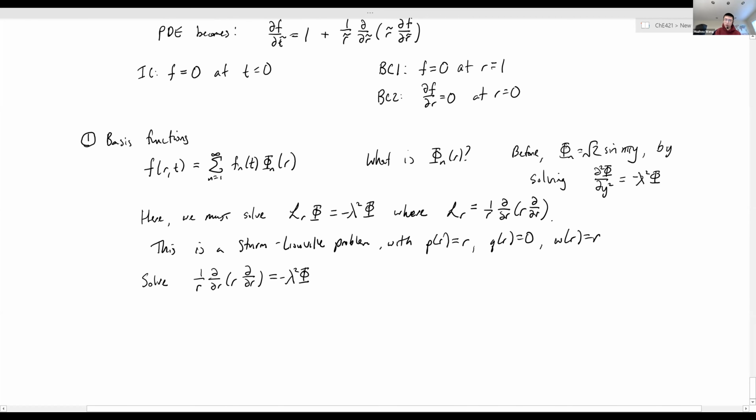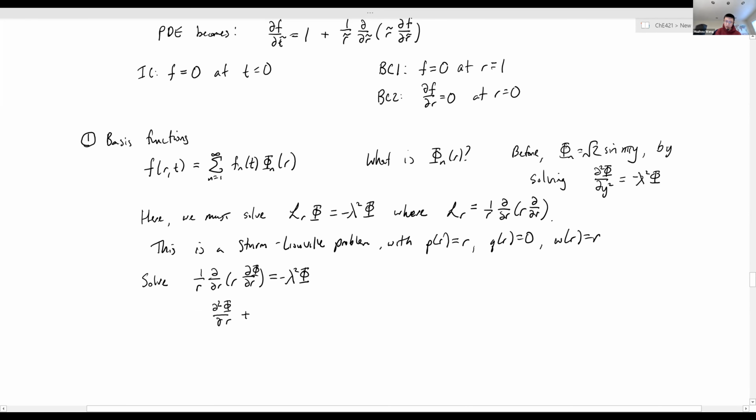And I can rewrite this equation. Let me go ahead and multiply some stuff out. Here, I'll go ahead and product rule out the left-hand side over here. 1 over R of, oh, sorry, this is 1 over R of d squared phi dr. Sorry, there's not that in front.